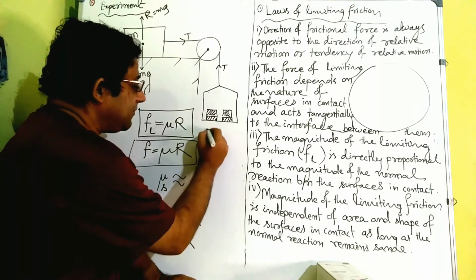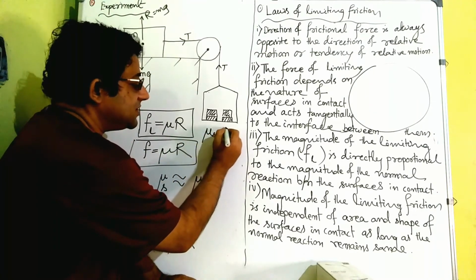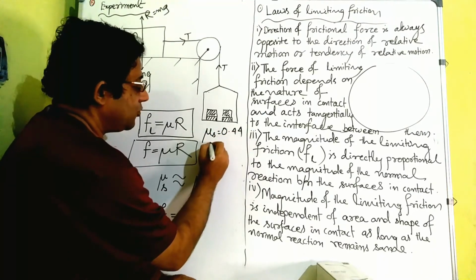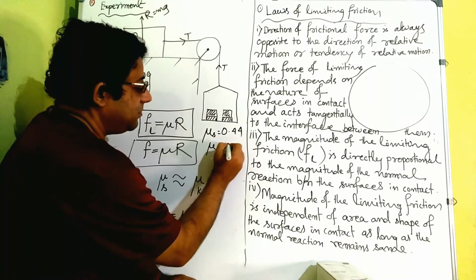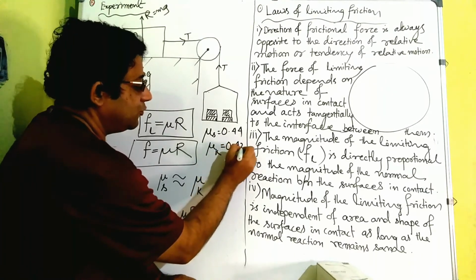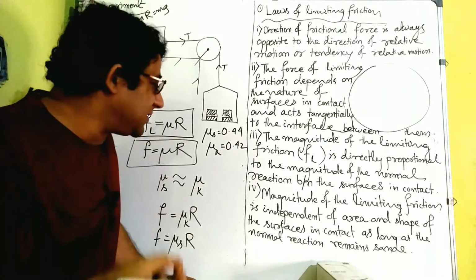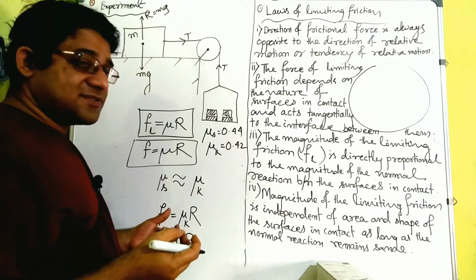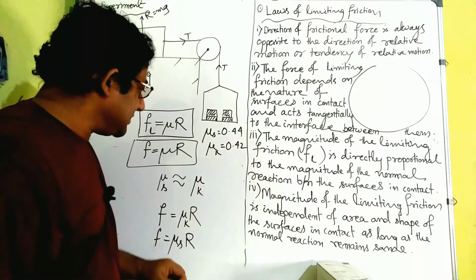Okay, for example, if the coefficient of static friction is let us say 0.44, then the coefficient of kinetic friction may be 0.42, like this. A little alteration will be there, and that too is so small that for practical reasons it may be neglected.